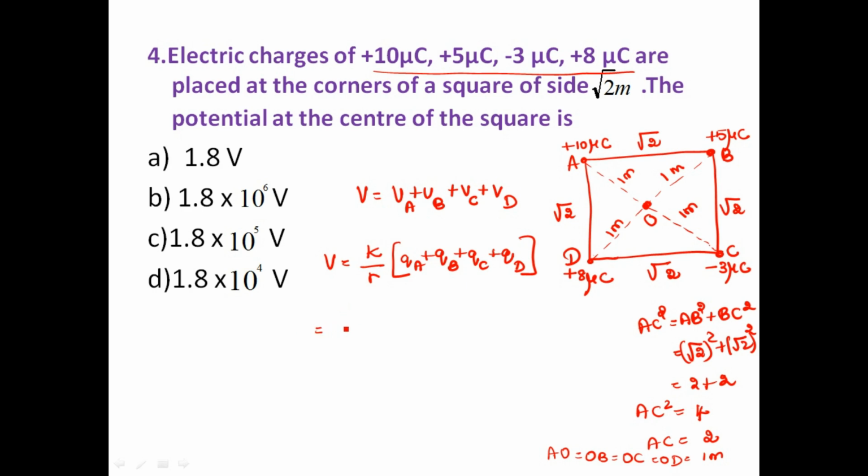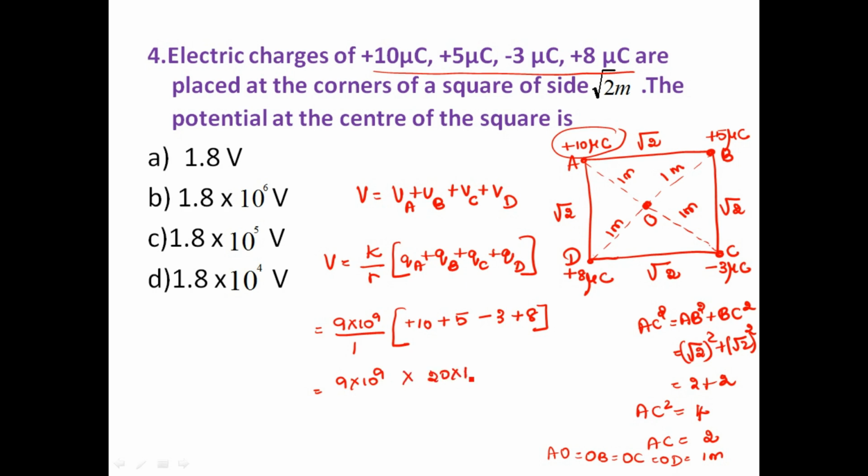K is 9 into 10 to the power of 9 divided by R, which is 1. The value of QA is 10 microcoulomb, I write plus 10. Value of QB is 5 microcoulomb, I write plus 5. QC is minus 3. QD is plus 8. Hence, the total charge here is 20, so 9 into 10 to the power of 9 into 20.